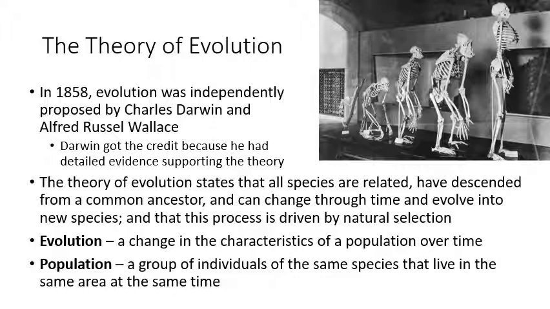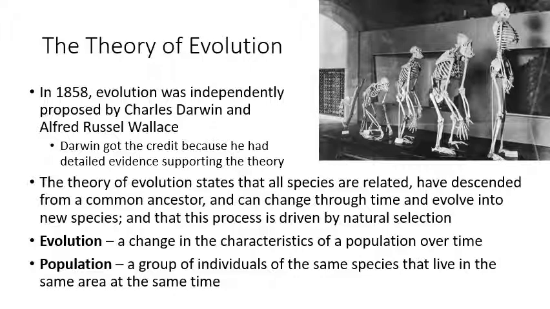I kind of went over this already, but Charles Darwin had been gathering evidence for the theory of evolution for a long time. He had this idea years before 1858, and he had gathered a bunch of evidence to support it during his travels around the world, and he was compiling everything together into his book, but he was worried about publishing it because he knew that it wouldn't go over too well, and that he would get a lot of pushback on it.